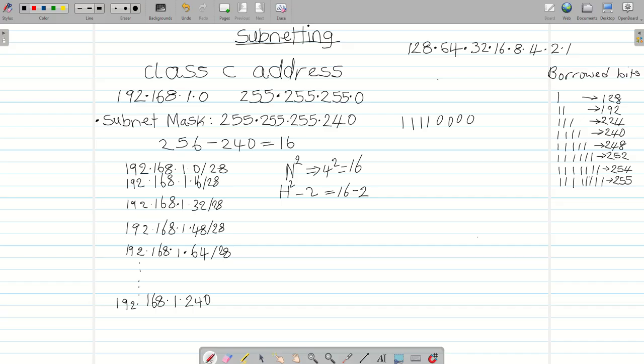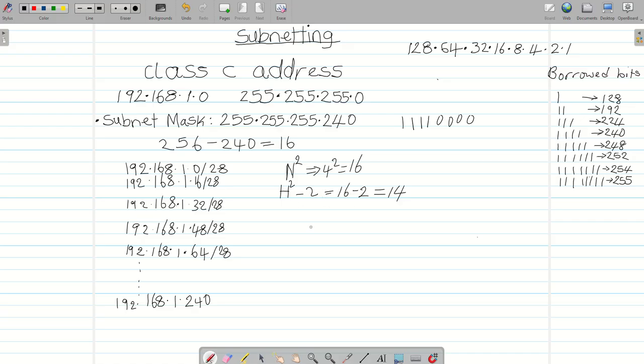Minus 2 means we subtract the network ID and the broadcast address, and then we'll get the usable IP addresses that can be assigned, which is equal to 14. So 14 IP addresses will come from each subnet block.